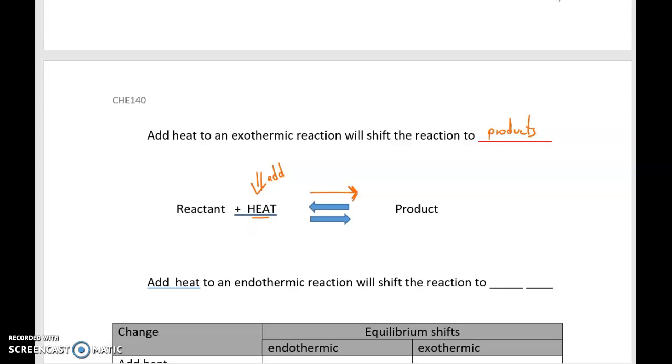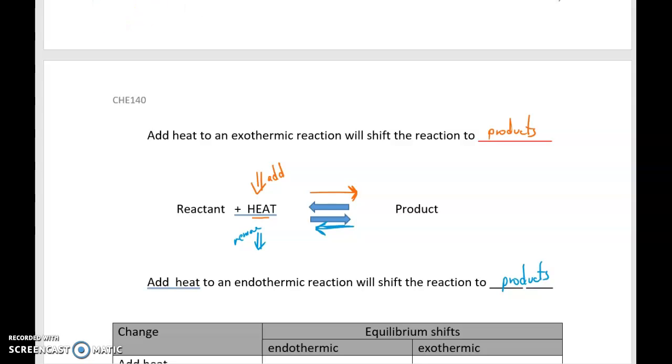If we remove heat, we'll shift toward the reactants. Okay. If we add heat to an endothermic reaction, we expect to shift the reaction toward the products.